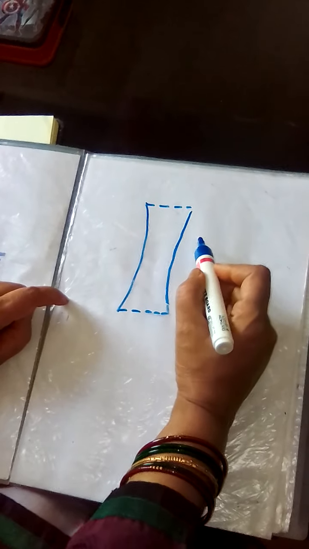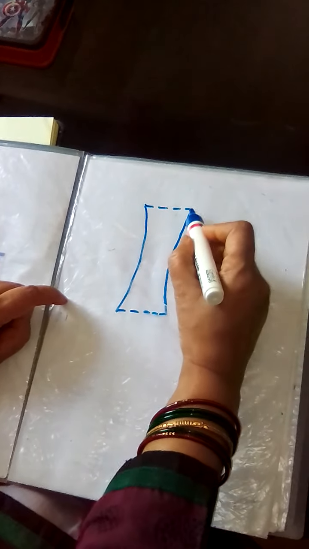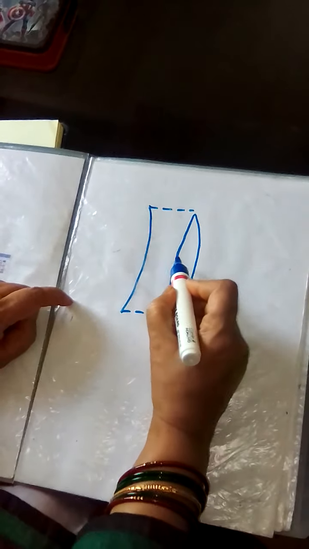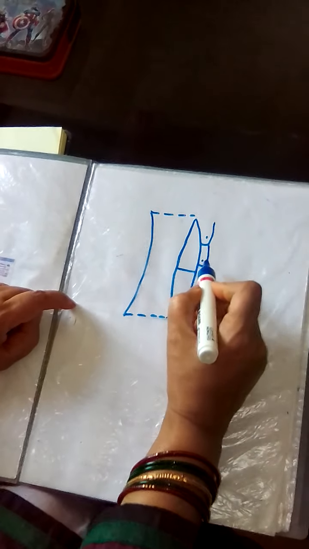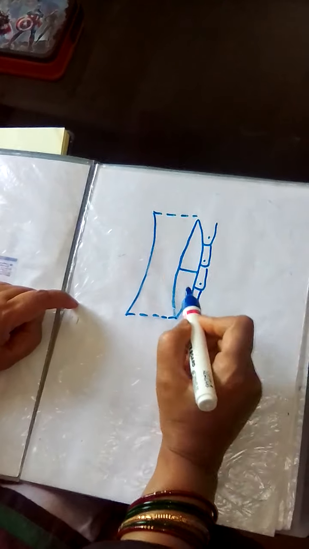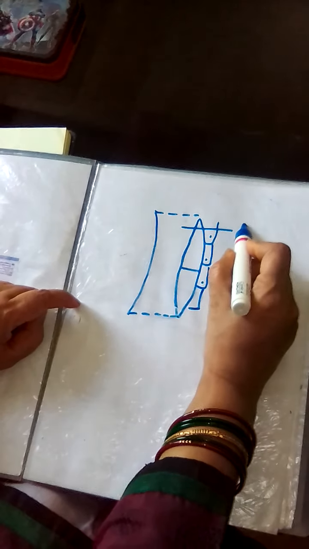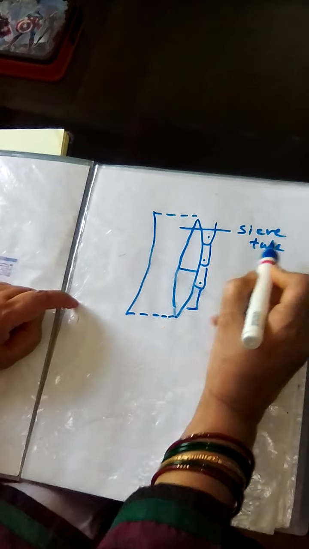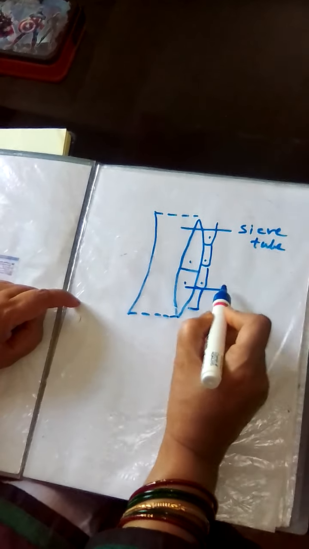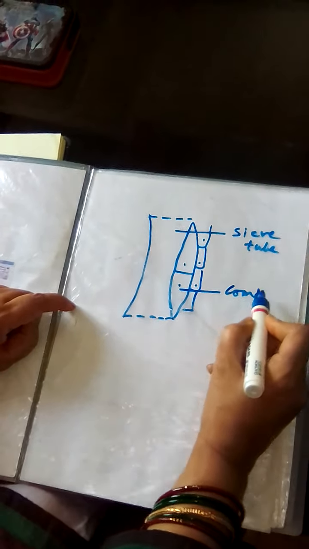Now here I am going to draw a phloem. This is a sieve tube cell. It is assisted by the companion cell, and here are the phloem parenchyma cells. Okay, so this is sieve tube, and this is companion cell.